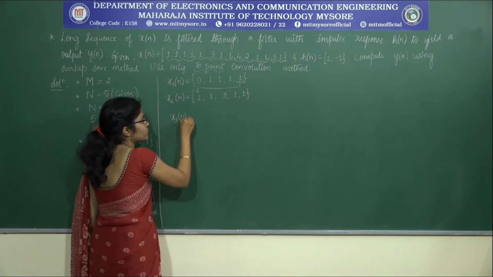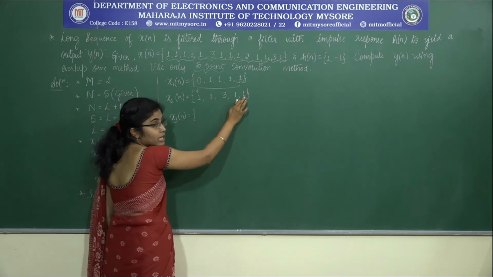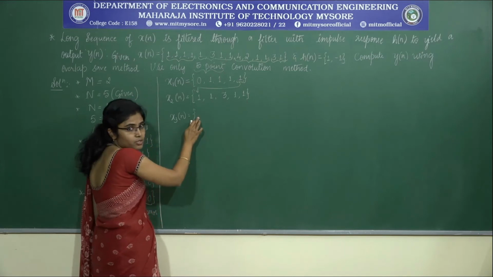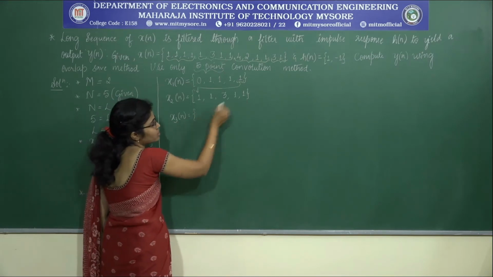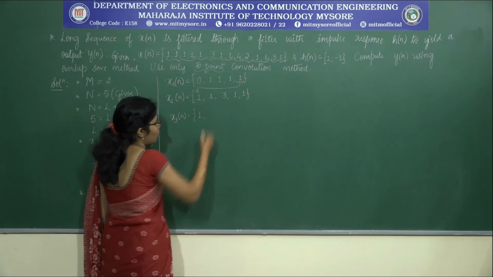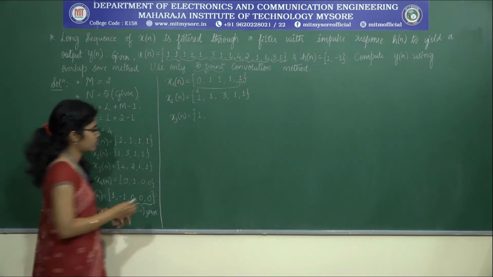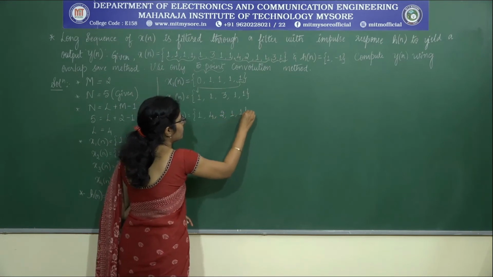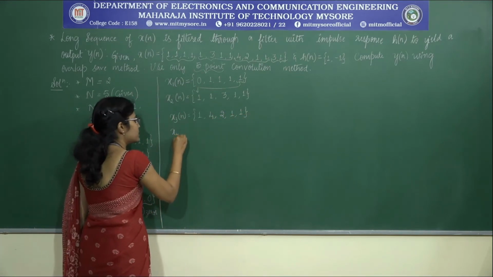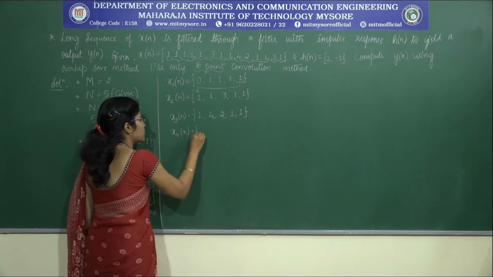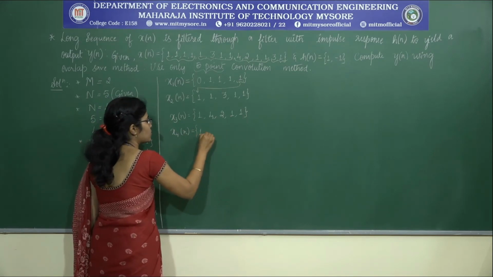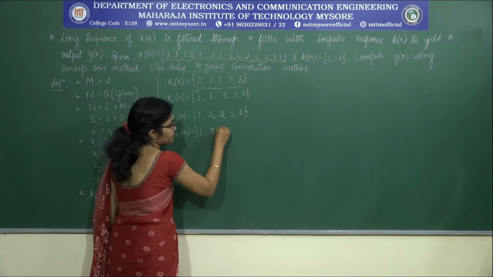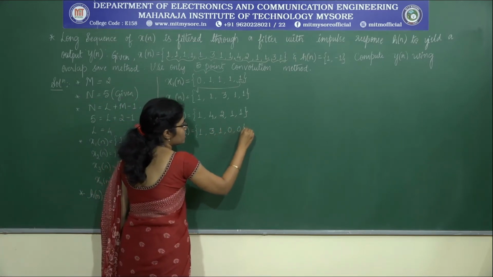Now x3 of n will be what? I need to write the last m minus 1 sample of x2 of n as the first m minus 1 sample of x3 of n. So I write 1 here, followed by the same samples, 4, 2, 1 and 1. The last one is x4 of n. The first data is 1, and the rest of the samples are the same, that is 3, 1, 0 and 0.